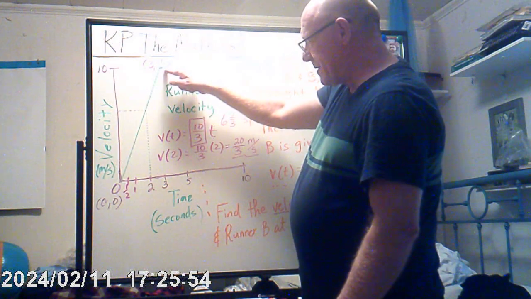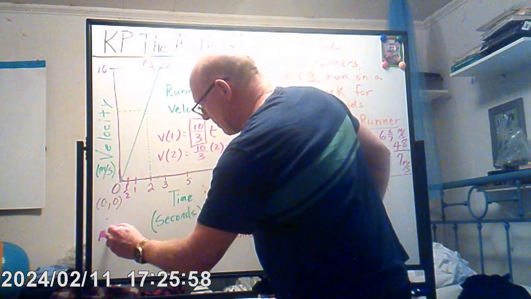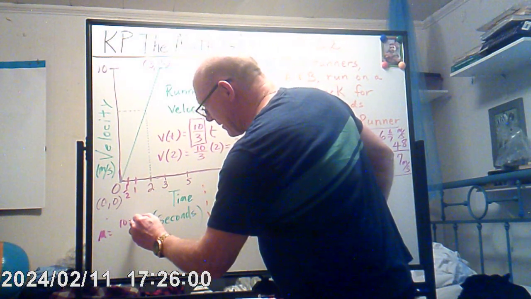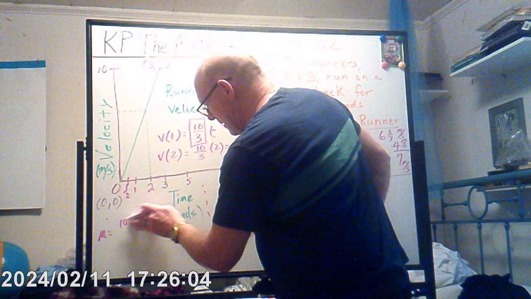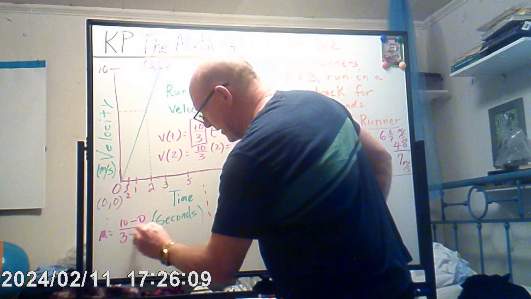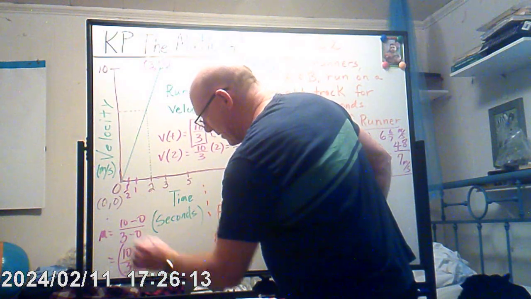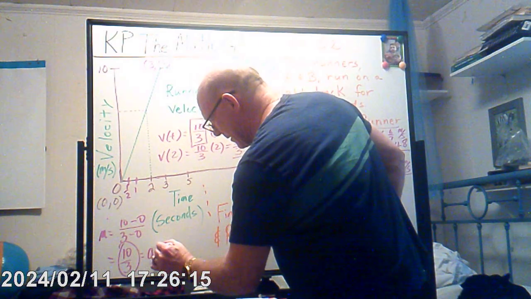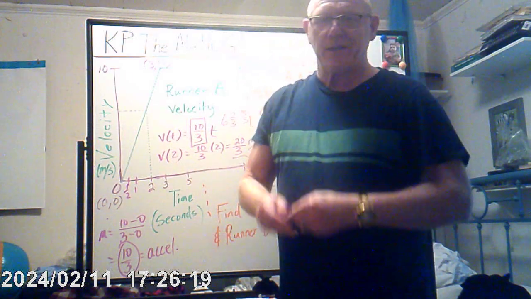The slope you could do this: the slope is equal to 10 minus 0 over 3 minus 0, and that's just 10/3. That's what the slope is. That's equal to the acceleration. So we've already answered that side of it.